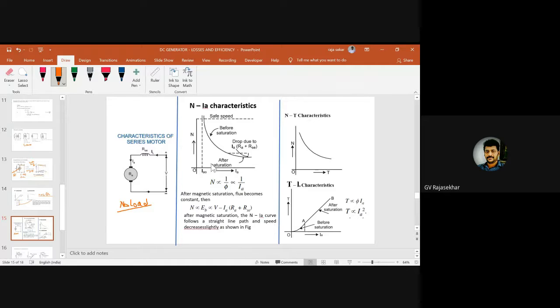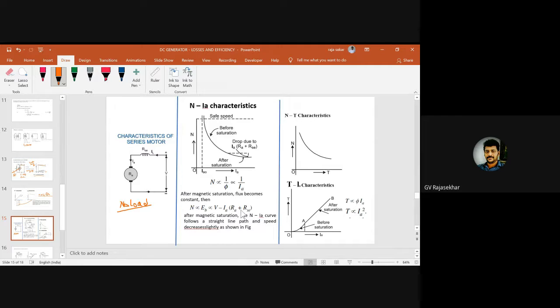After some time, when IA slowly increases and reaches a level where the core or the field gets saturated, then N is proportional to EB, which is Vt minus IA Rsc.